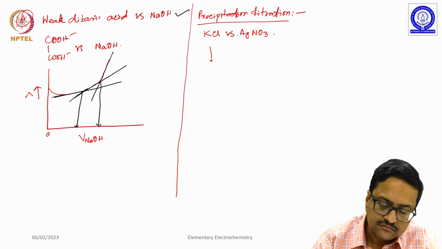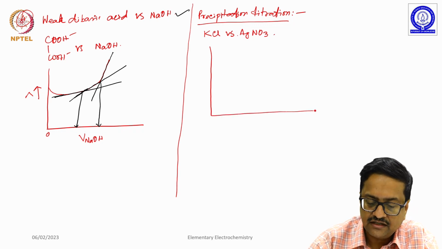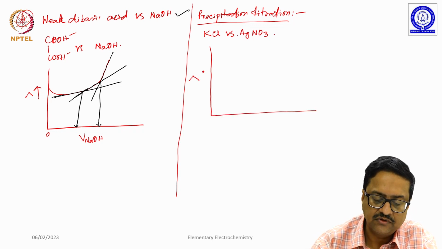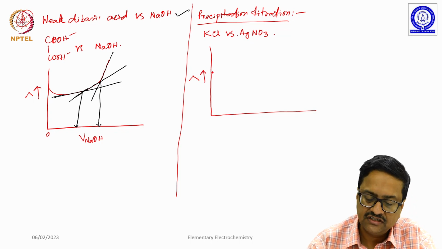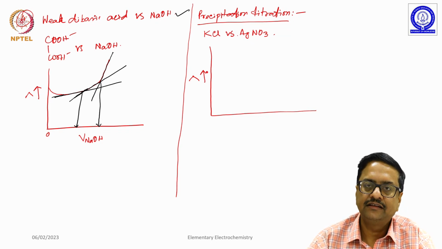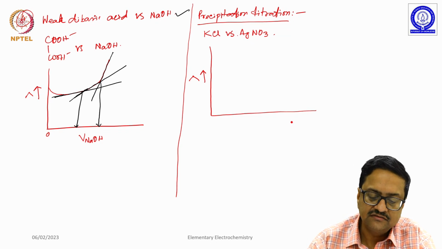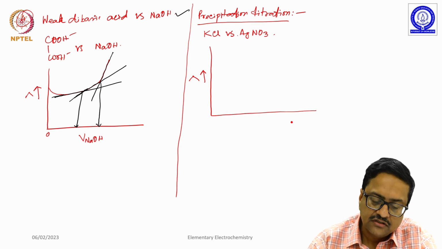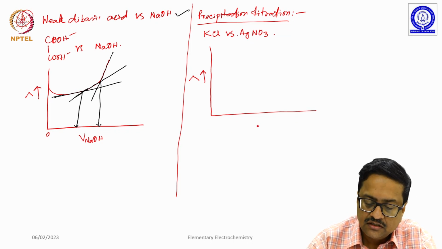As you know, KCl is used as a standard solution for determination of the cell constant of a conductivity cell, and it is very easy to handle KCl as it is not hygroscopic and is a free flowing salt. So one can use KCl as a standard for this type of experiment.